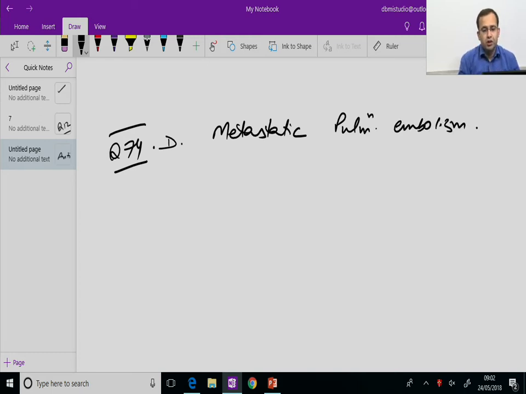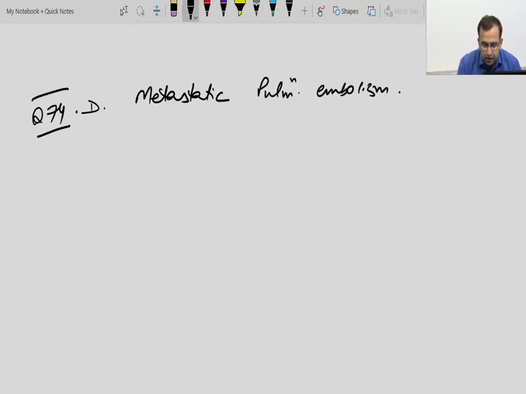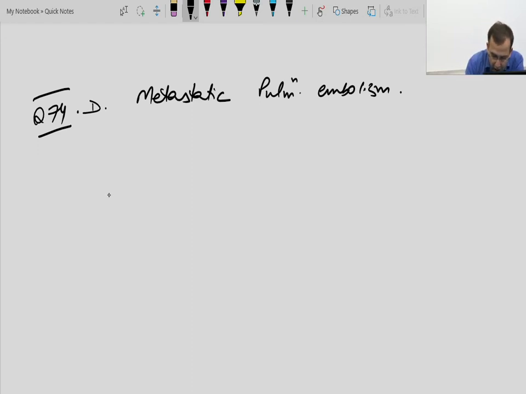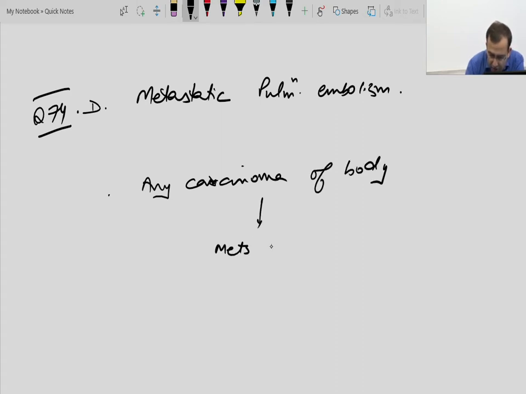This was a tricky question. See, the best answer is not liver metastasis. I am laying stress on this again. Have a look. It can be any cancer or any carcinoma of the body which metastasized to the liver, that is liver mets, or it was a primary liver cancer.